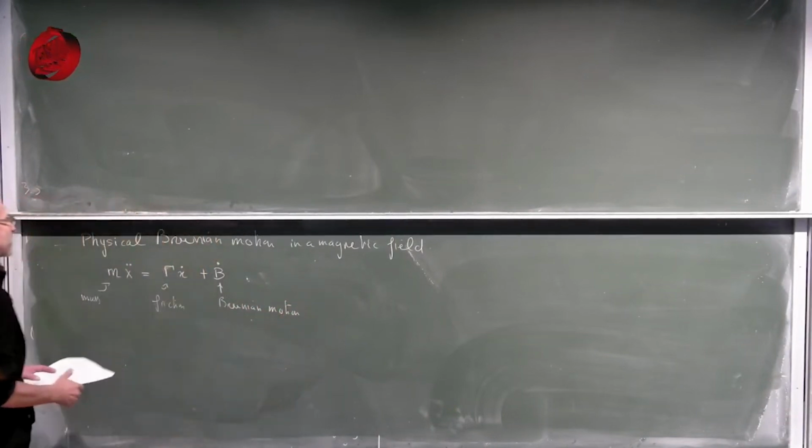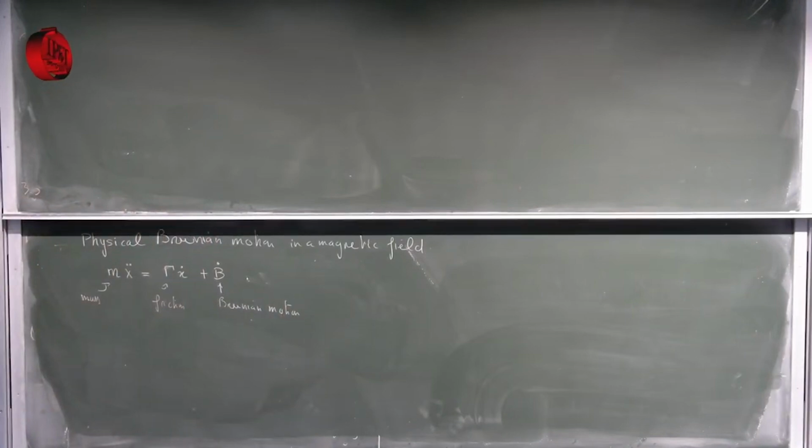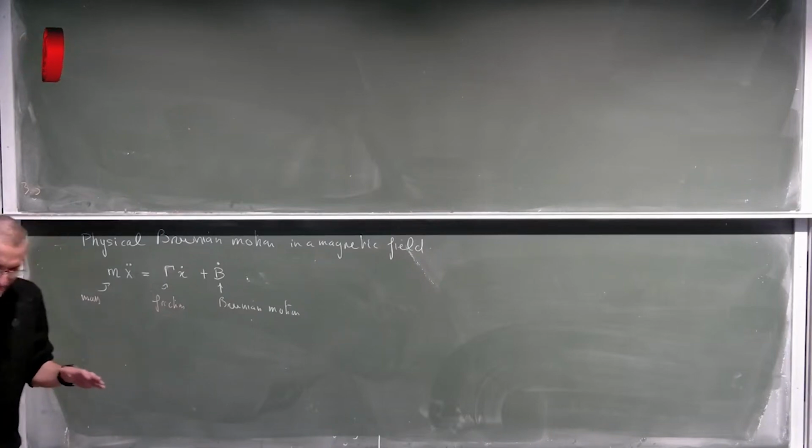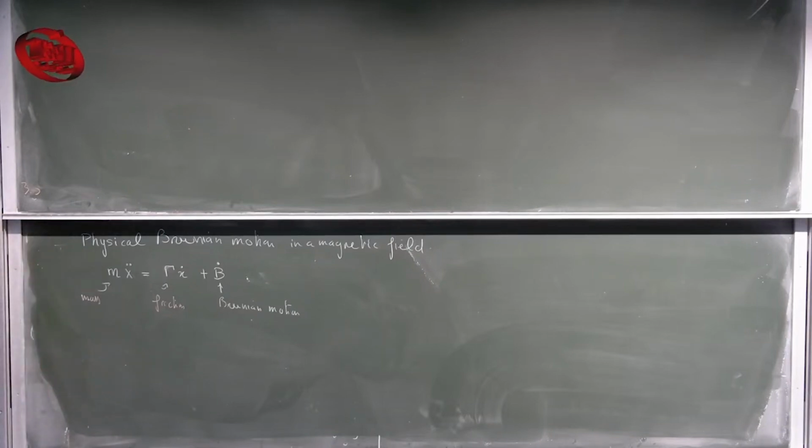So the most naive version of Brownian motion given by Einstein was that, in fact, the motion of a particle submitted to shocks in a colloid suspension, for instance, is Brownian motion itself.